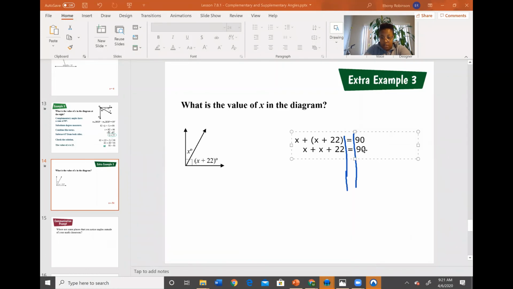I'm going to keep going. I have these two x's that I can combine together. They're both positive, so instead of just 1x, I now have 2x plus 22 equals 90.